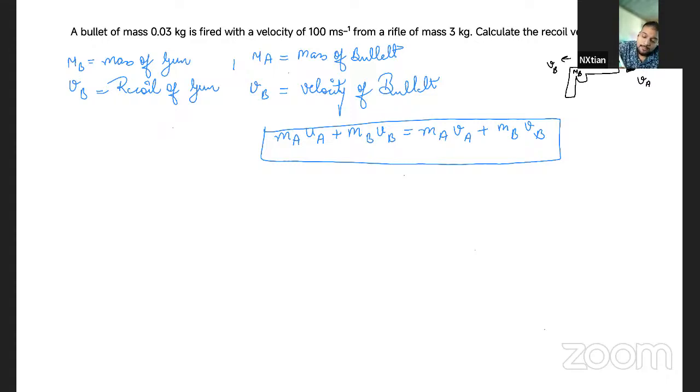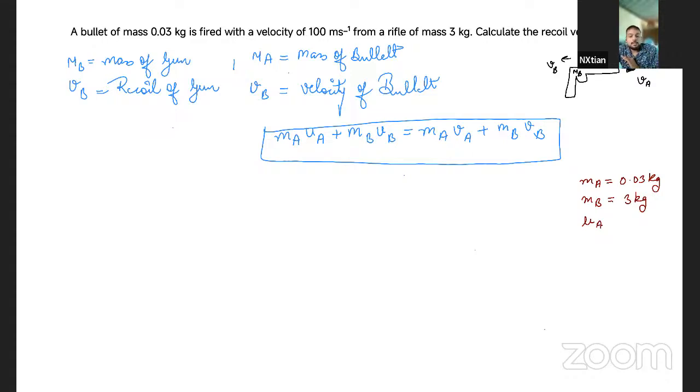Understand it like this. Now what is MA? MA is the mass of the bullet, which is 0.03 kg. What is MB? It is the mass of the gun, which is 3 kg. What is UA? U is the initial velocity, and the initial velocity in this case will be 0.